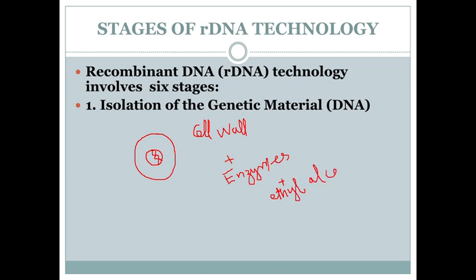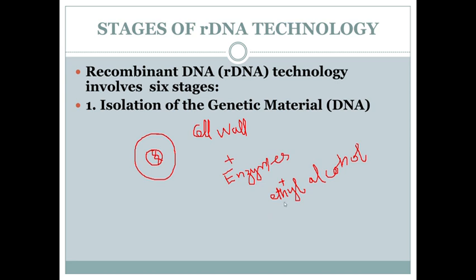Chilled ethyl alcohol, or sometimes even rubbing alcohol, which is propanol, precipitates out the DNA from the cell mixture, and we take out that DNA by the process of spooling. So this completes the first step, that is isolation of genetic material.